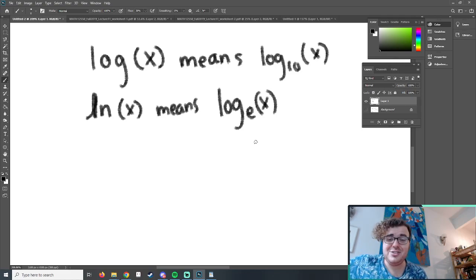It turns out E is super important, and ln, as a result, is also super important when talking about exponentials. Most things that look exponential in the real world turn out to have a base of E, or at least many things do, or their bases are related to E in some way. And so ln is a really commonly used, short for log natural, called the natural logarithm.